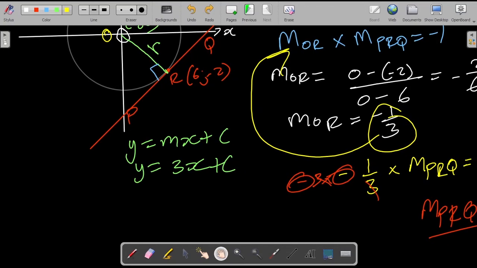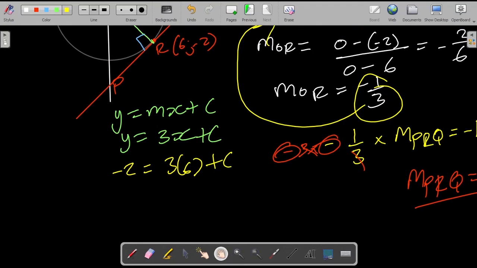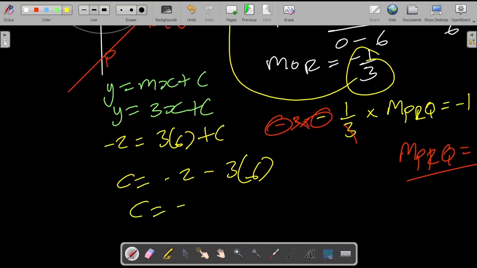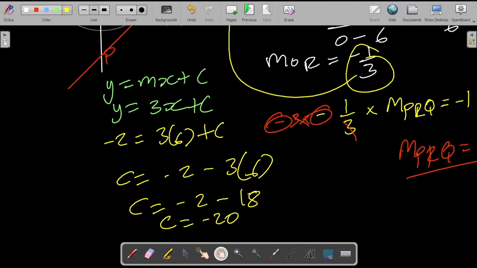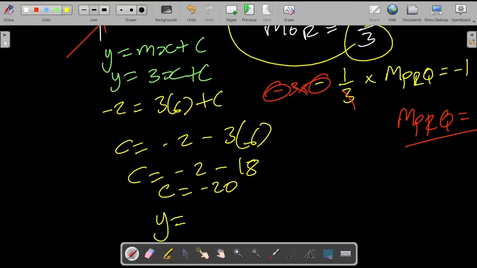That should be enough. We have -2 equals 3 multiplied by 6 plus c, and c is the only variable, so we can find c: c equals -2 - 18, c equals -20. And we now have the equation of the tangent in its full form.